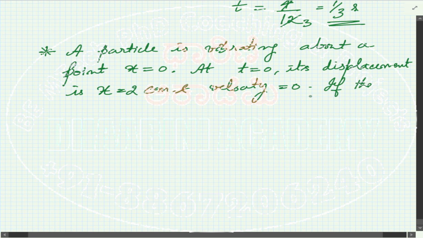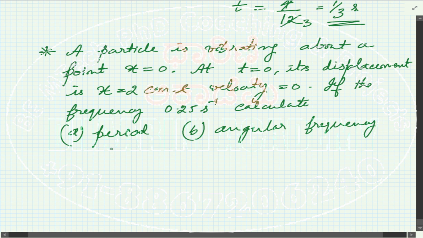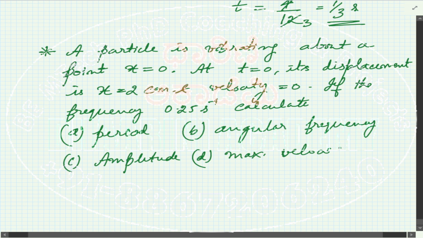If the frequency is 0.25 per second, then calculate: part A, period; part B, angular frequency; part C, amplitude; part D, maximum velocity.